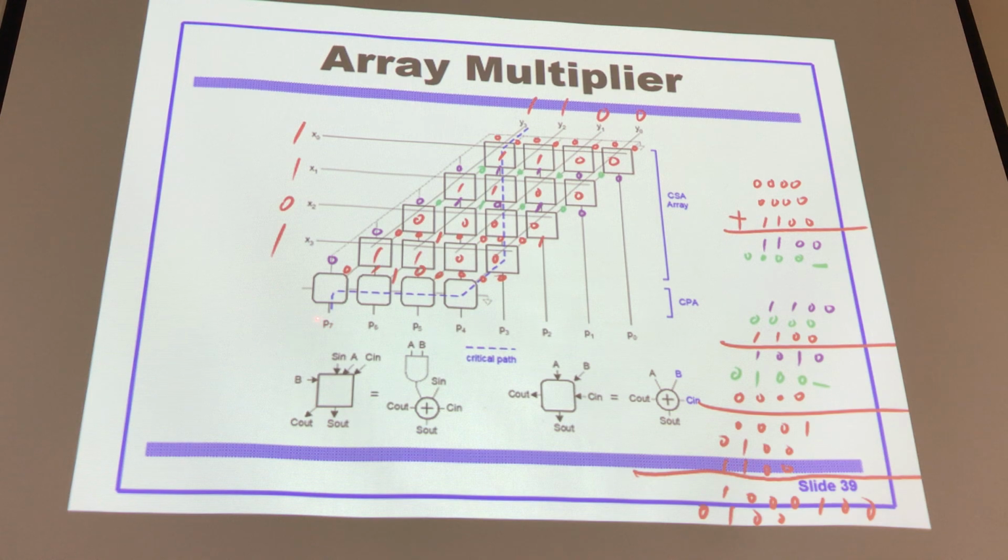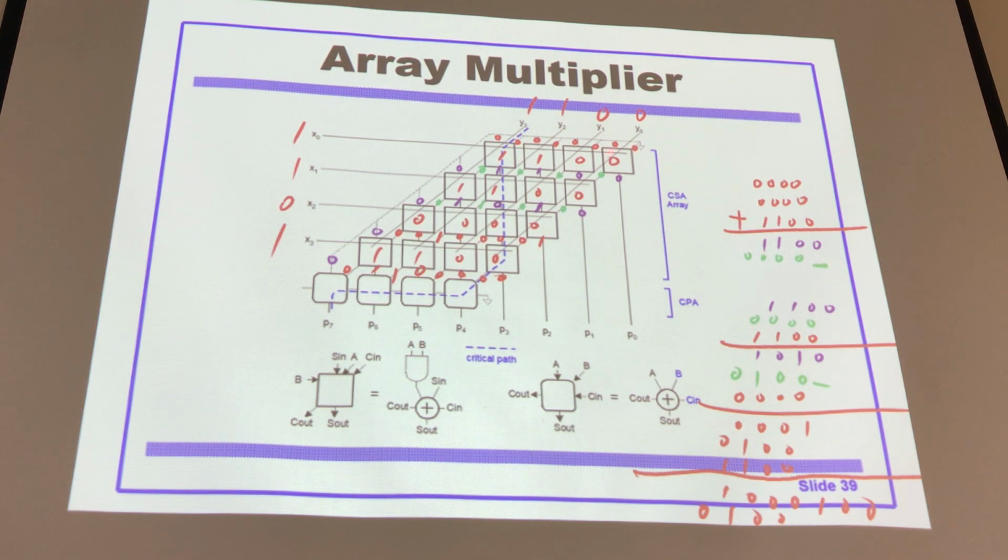This bit, the MSB of the product, is the last value you produce by the whole circuit. And there's a carry propagation here, but we have this 6A.